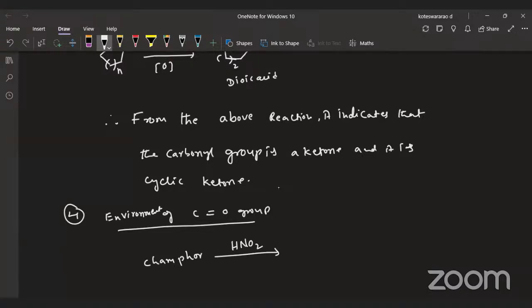This nitrous acid leads to the formation of camphor oxime. This camphor oxime is a ketoxime, ketone plus an oxime.